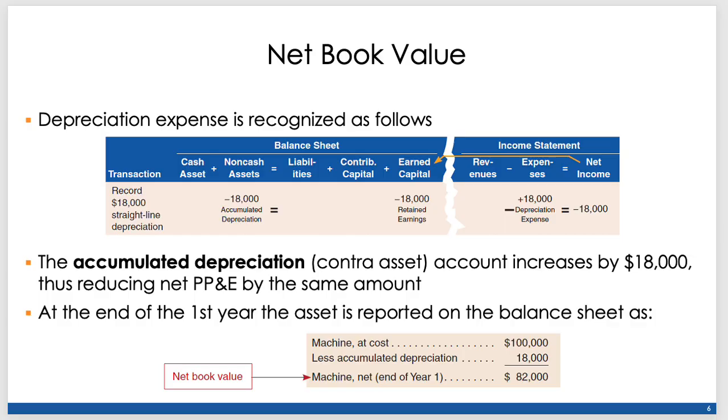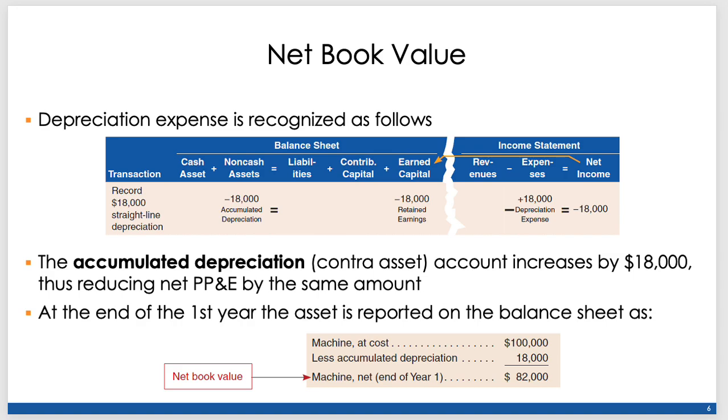This depreciation calculation will also recognize what we describe as net book value. And you can see here what that means. Every year that you are depreciating, $18,000 of depreciation expense goes into the accumulated depreciation account, which, as you might guess, first year is $18,000.